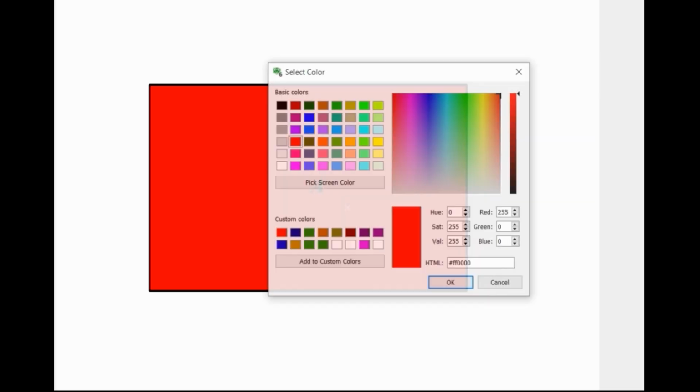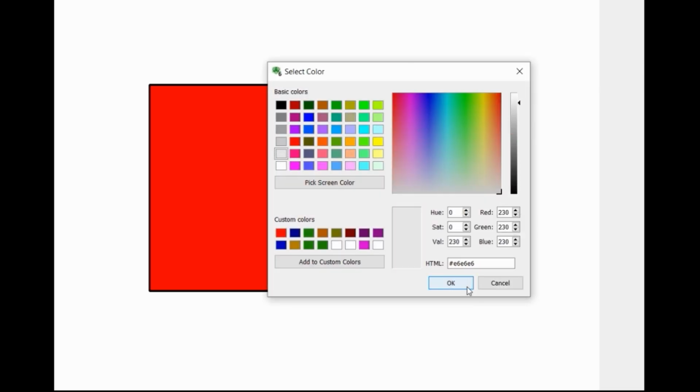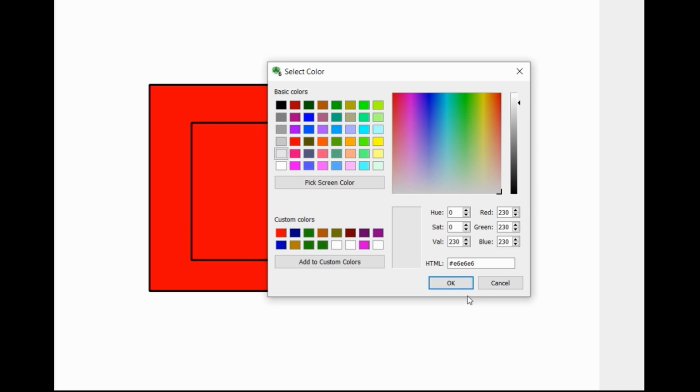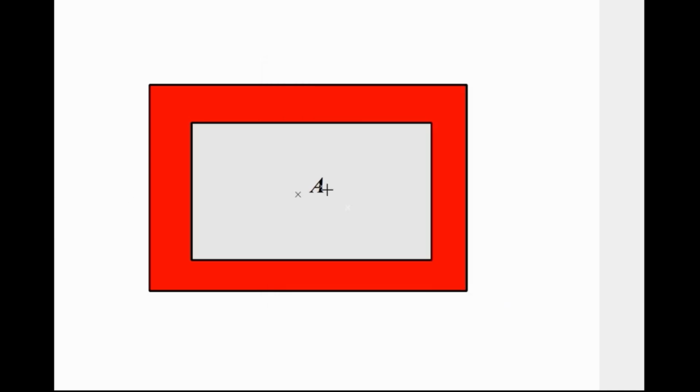Now if we build a rectangle that goes in the middle, like this, and we'll go for white, you still see the letter A, and this is area B. The white is area B, the red is the whole thing.